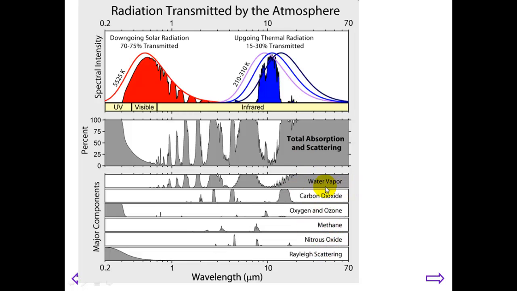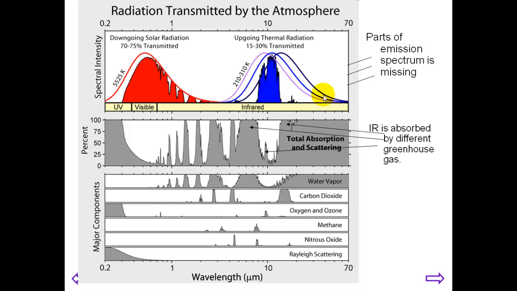So the total addition of this absorption is here, and this is what is actually able to be emitted from the Earth, and all this part is absorbed. So the infrared is absorbed by these different greenhouse gases. So these parts of the spectrum are missing.